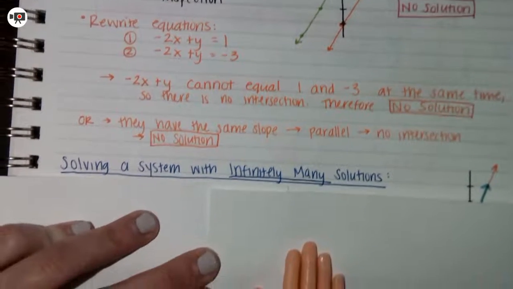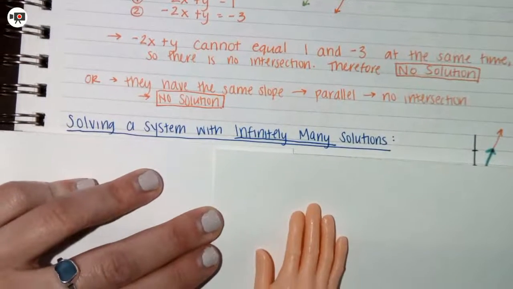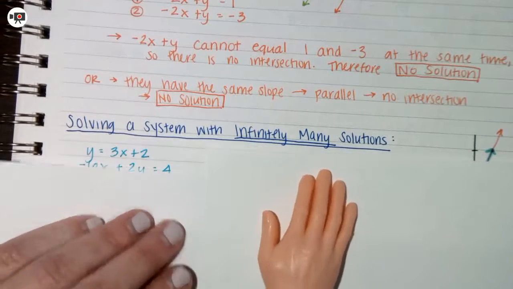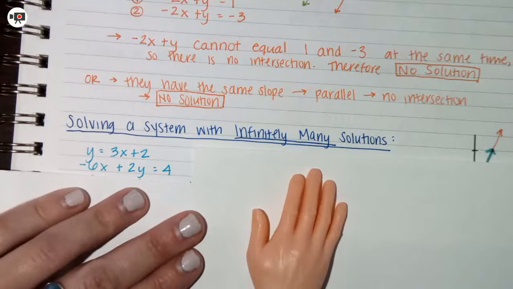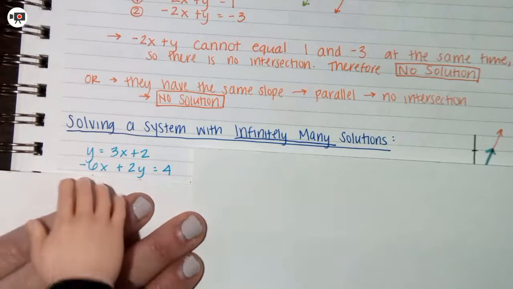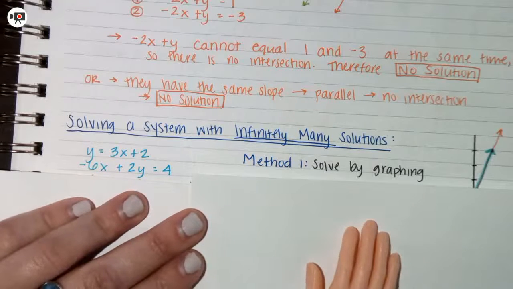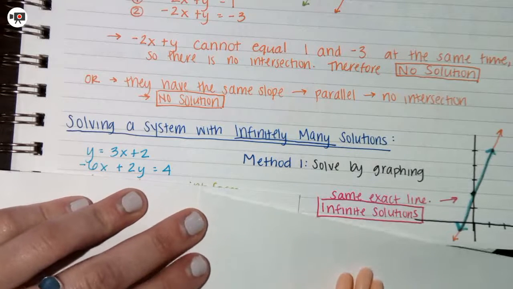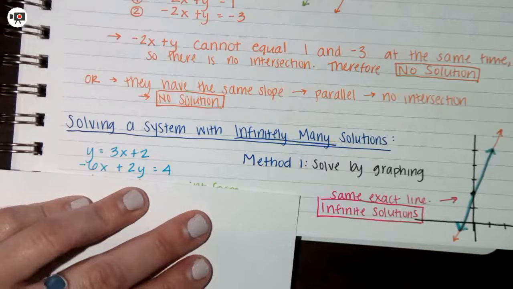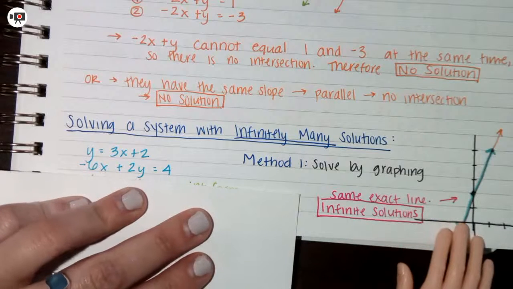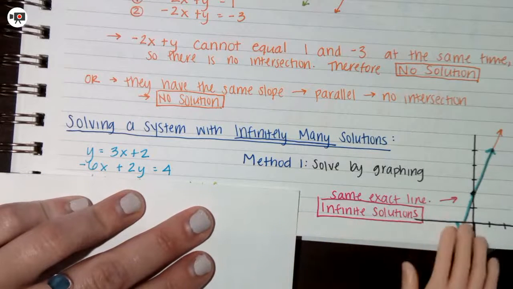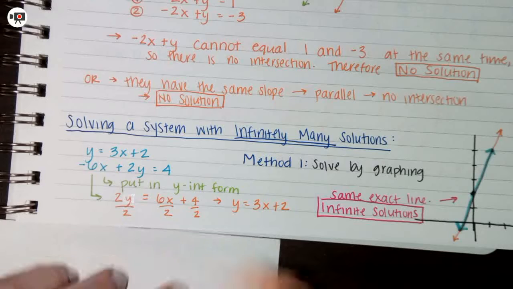Now, for solving a system with infinitely many solutions, if I have y equals 3x plus 2 and negative x plus 2y equals 4. First, method 1, solve it by graphing. If I graph them, we can see that they are the exact same line.